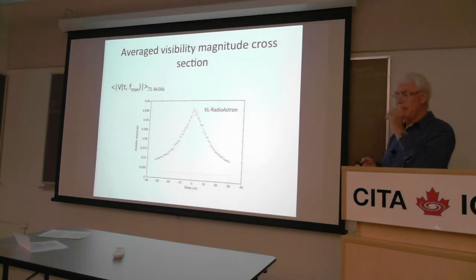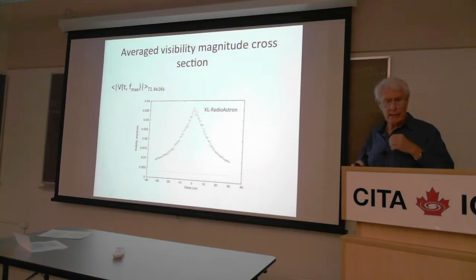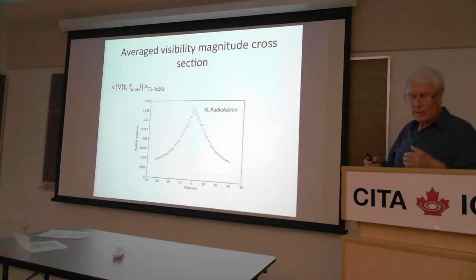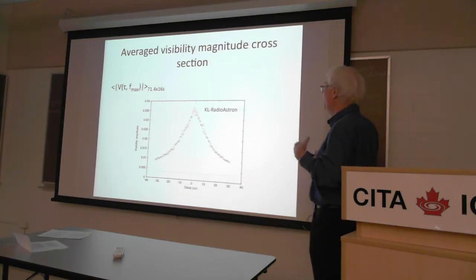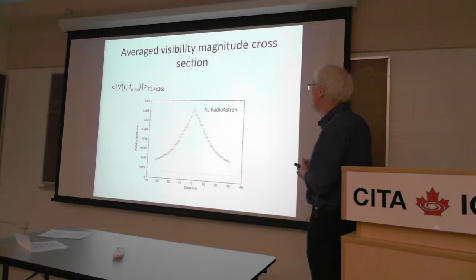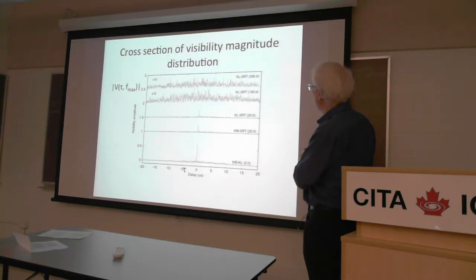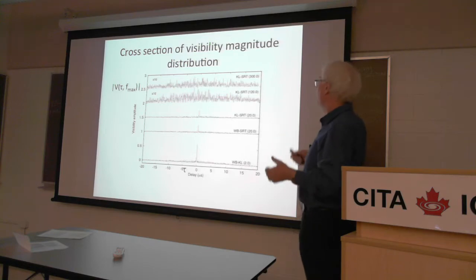Okay, so in order to get the scattering size, we performed two analyses to get the visibility amplitude as a function of baseline. One was where we took for each of these baselines the maximum from the whole lot of scans.